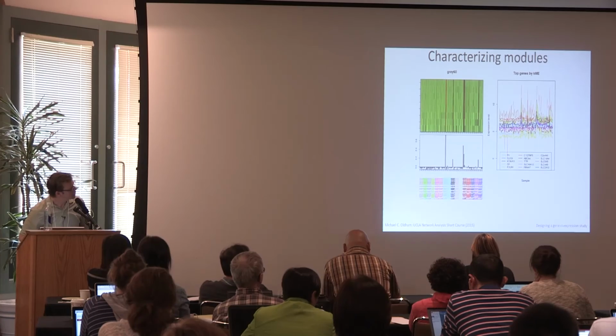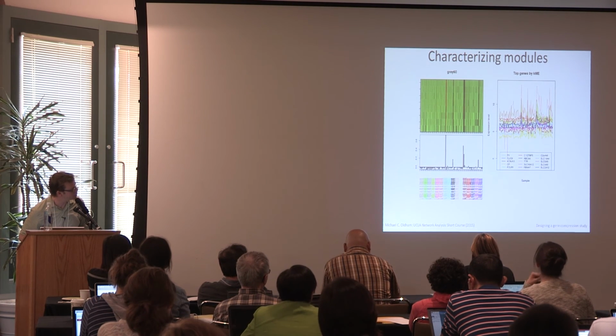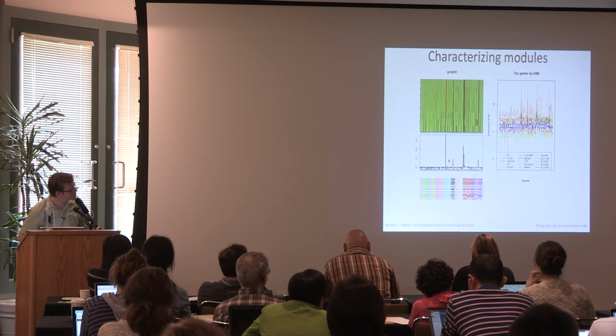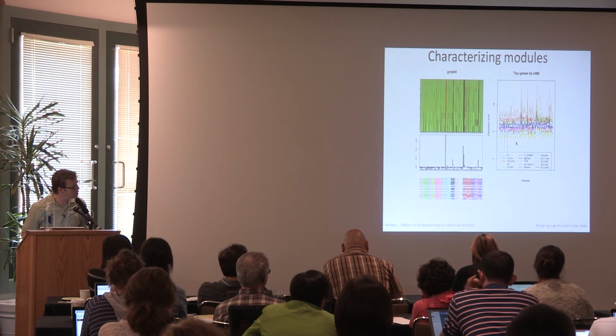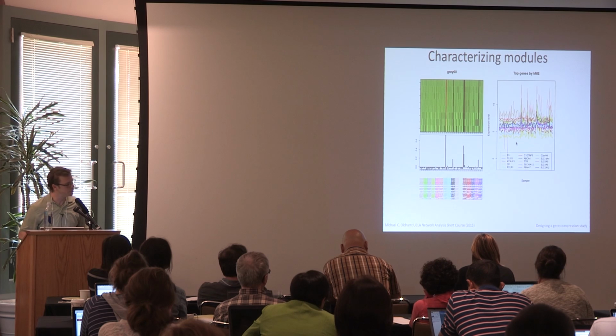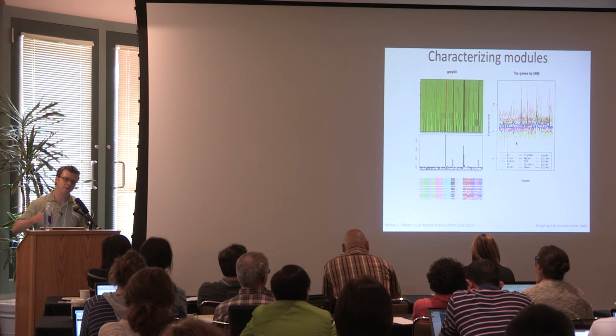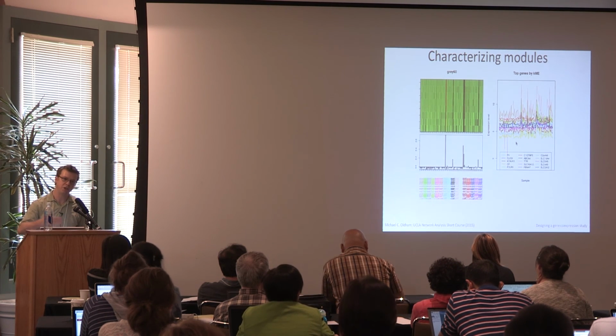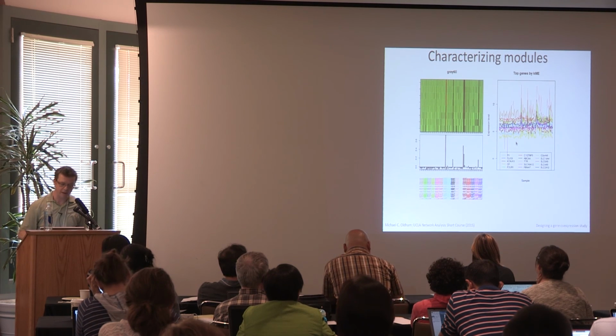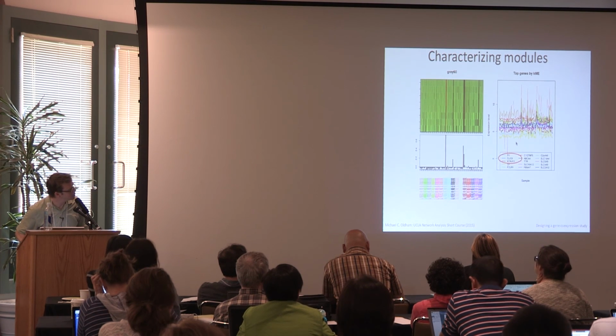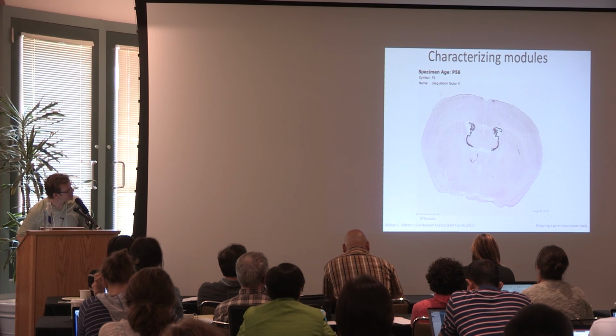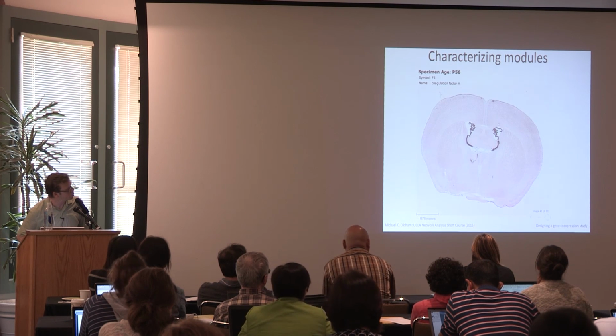Here's an example. This is a module from a collection of samples from actually infant human brains from a variety of regions. And you can see that this module consists of genes that are spiking in just a handful of samples. If you look at the top 3 genes ranked by kME, and you go to the Mouse Brain Atlas produced by the Allen Institute, which has in situ hybridizations for every gene in the mouse genome done in serial sections through the adult mouse brain, you can see that this first gene, F5, is blazing in this particular cell type called the choroid plexus, right?